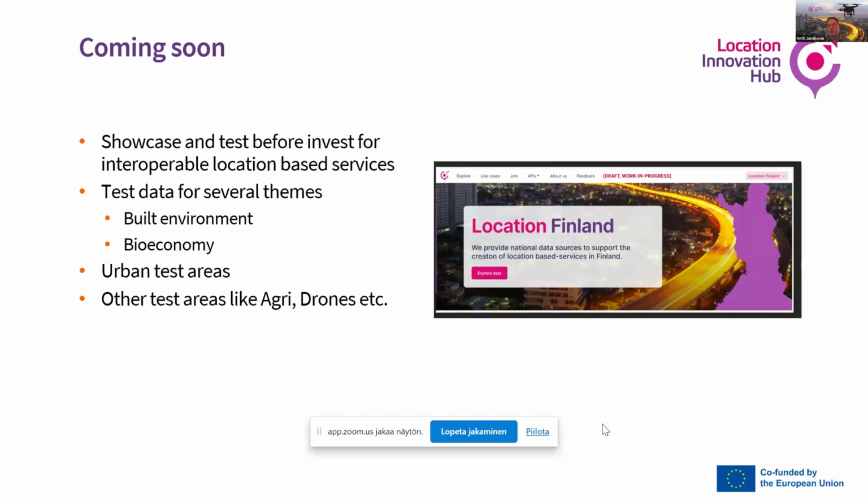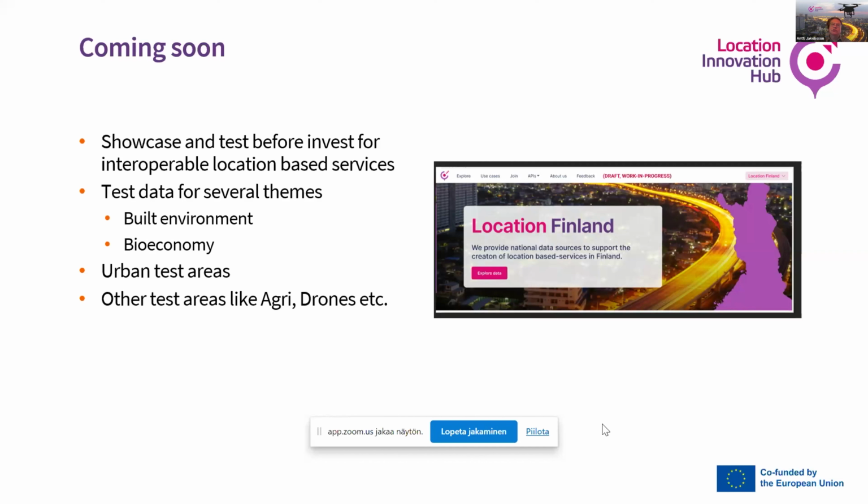Finally, in the end, I want to say that we are also going to be launching this Location Finland, and this will be launched this autumn. We want to showcase and test, providing this kind of test before invest type of services targeted to the Finnish audience, Finnish ecosystems.